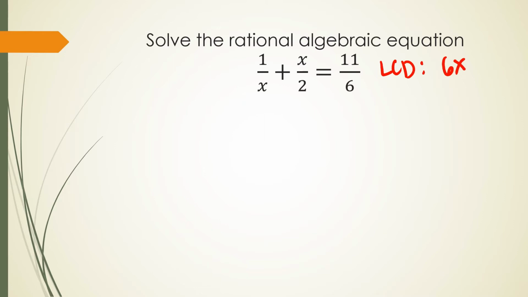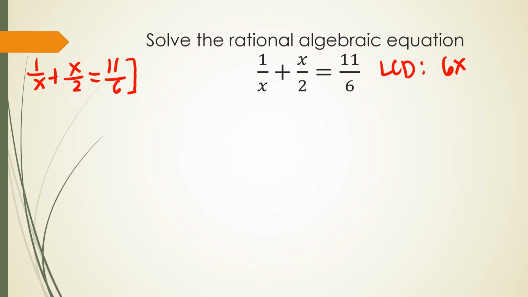In order to simplify a rational equation, it has to be transformed into an equation without the denominators. This is made possible by using the least common denominator of all rational expressions in the equation containing such expressions. So let's solve the rational algebraic equation of 1 over x plus x over 2 is equal to 11 over 6.